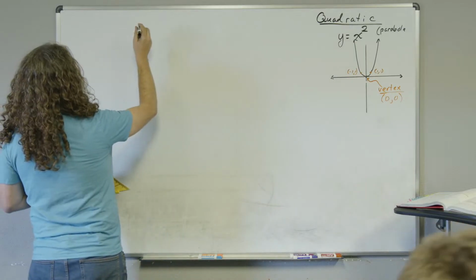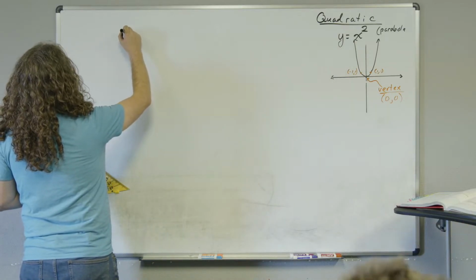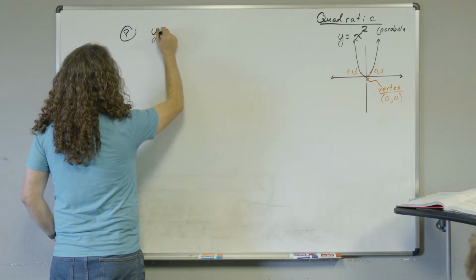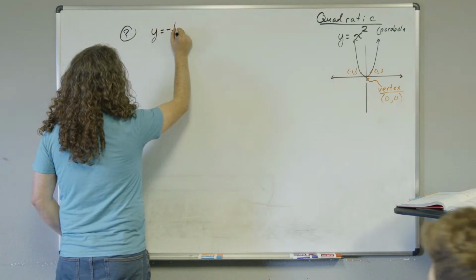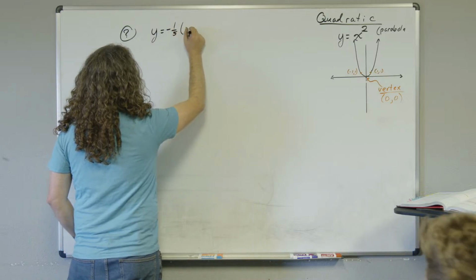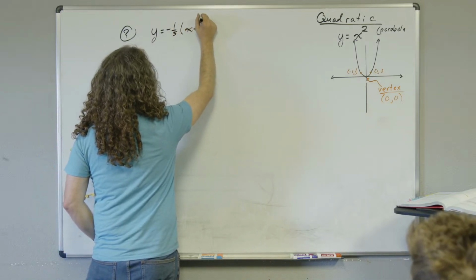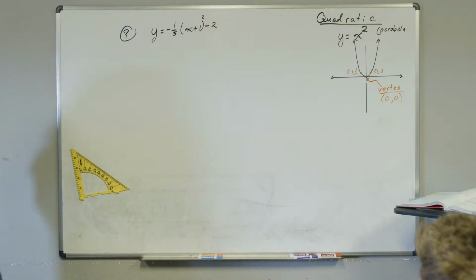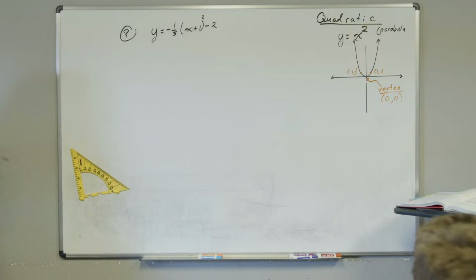All right, example. Y equals -1/5 times x plus 1 squared minus 2. No, this is not guided practice yet.